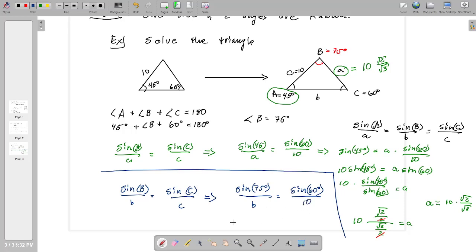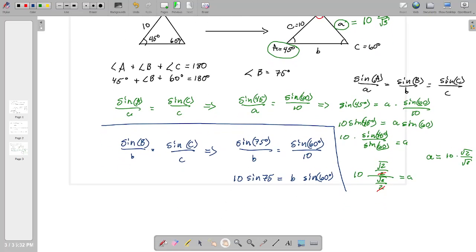Cross multiply, so we have 10 sine 75 is equal to B sine 60. Then just divide by sine of 60, and we have B is equal to 10 sine 75 degrees divided by sine of 60.